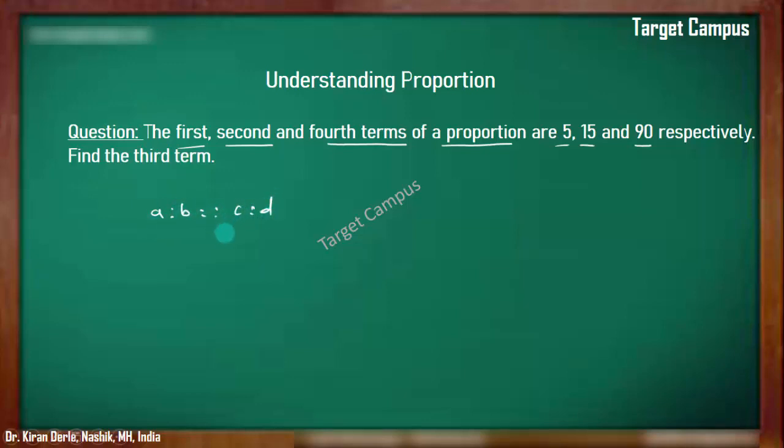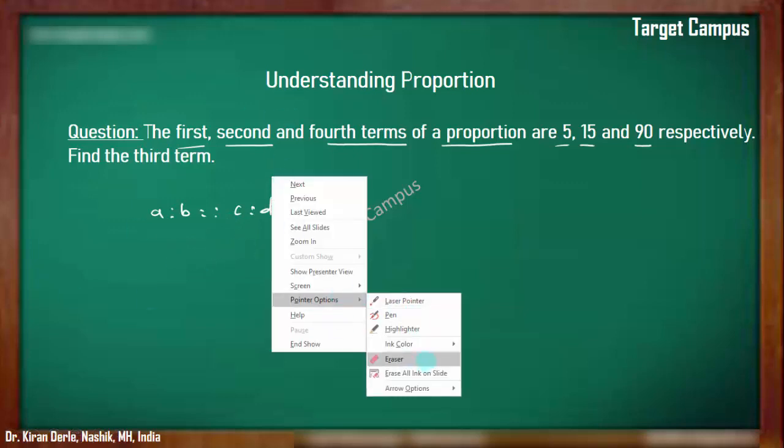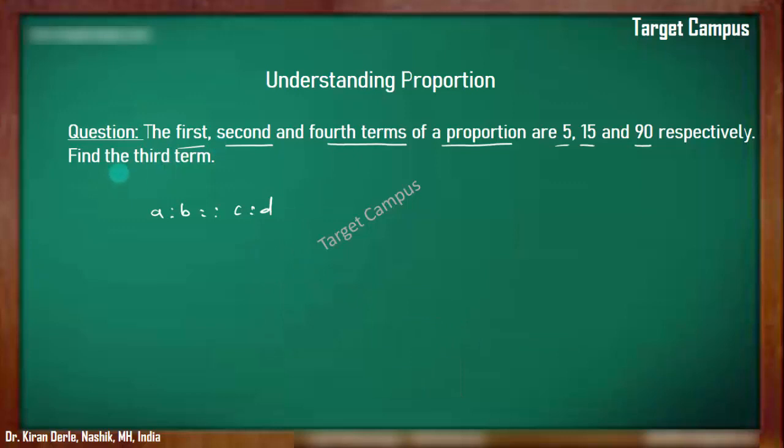Because there are four terms given, this must be a proportion. This cannot be a continued proportion, because in continued proportion we only have three terms, but here we are given four terms. So A upon B is equal to C upon D.